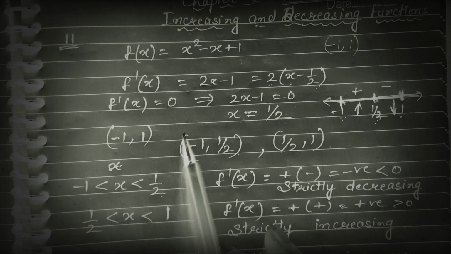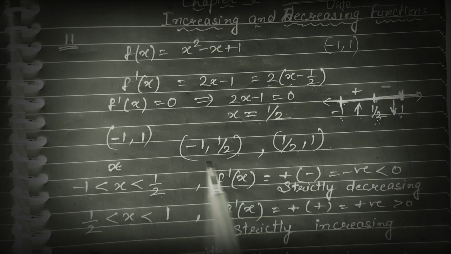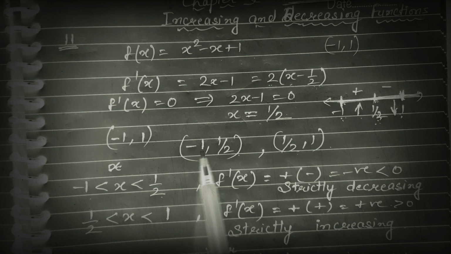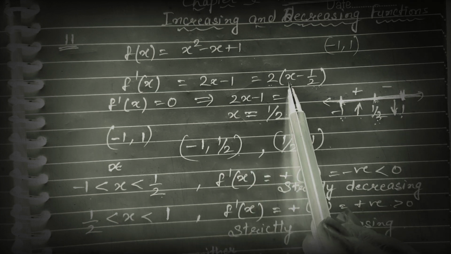So firstly we will check whether the function is strictly increasing or not in this interval, and then in this one. If x lies between -1 and 1/2, then f'(x) will be, suppose x is 1/4 or 0, you can take anything between -1 and 1/2. Any number you can think of in your mind, and then you will put it in this.